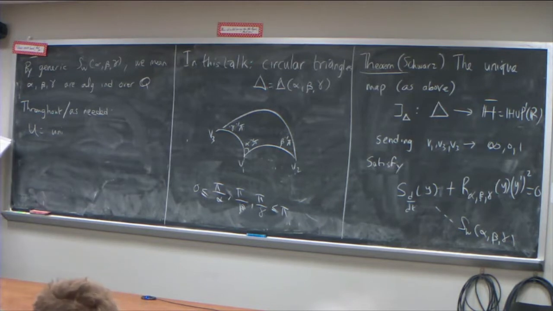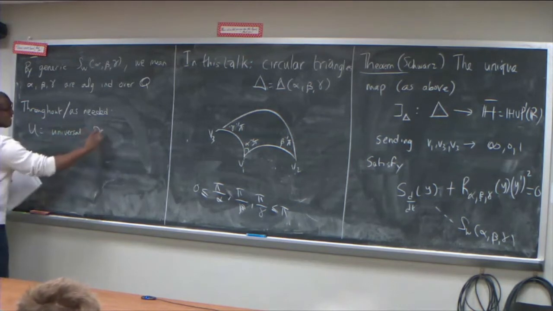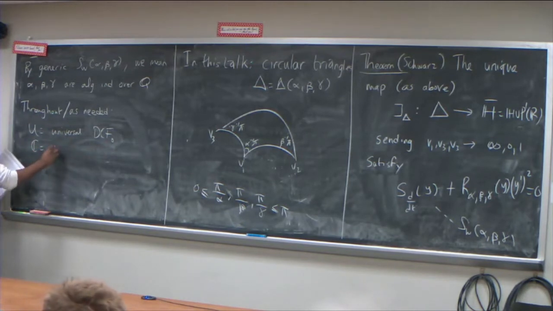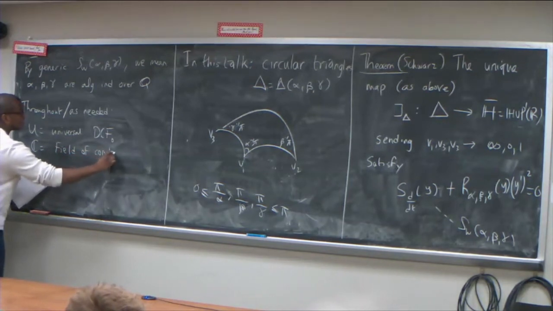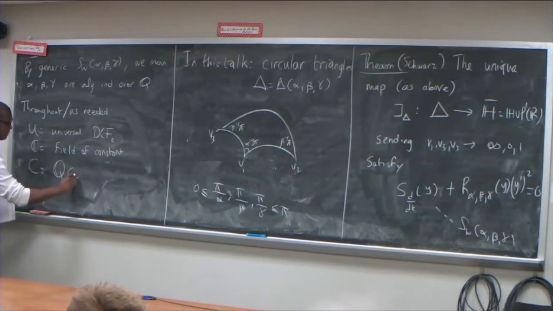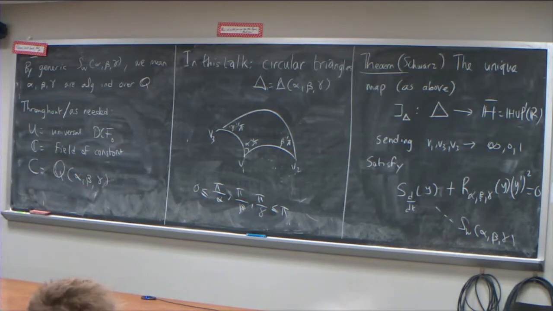And so U will be a universal differentially closed field of characteristic 0. I'll take C to be its constants. And as and when needed, C will be the field generated by the parameters of the equation.